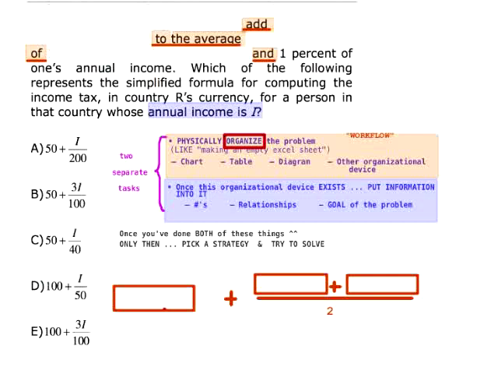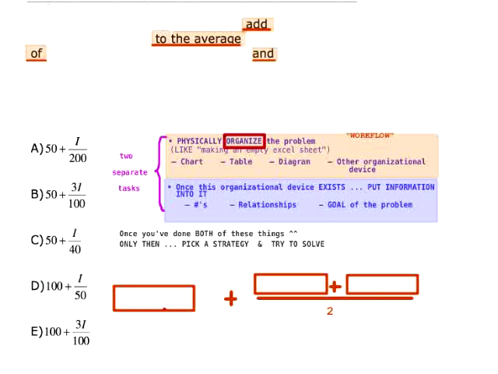The numbers 100 and percent don't even exist yet. That's all we got right now. Because at a large scale, that's all you're doing, adding blah blah blah to the average of blah blah blah and blah blah blah. And then you figure out what the blahs are.